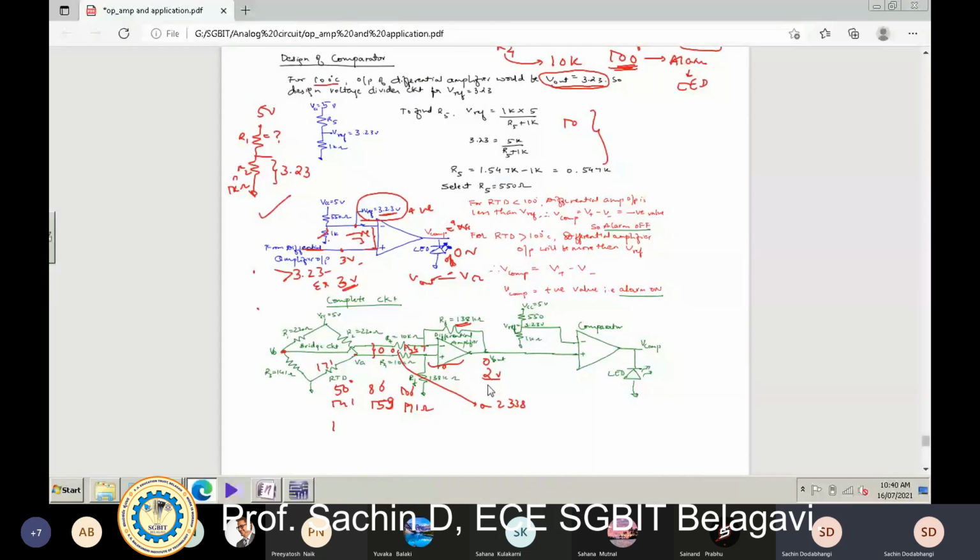So if I multiply 0.2338 by 13.8, the gain of this amplifier, what do we get as the answer? Can anyone tell me?